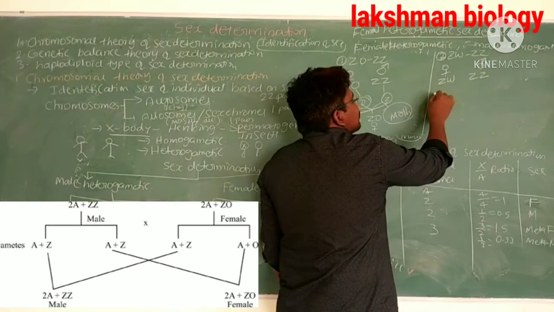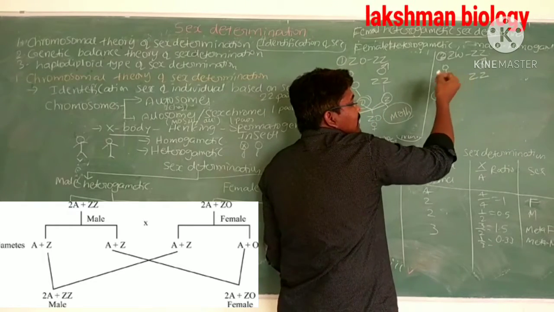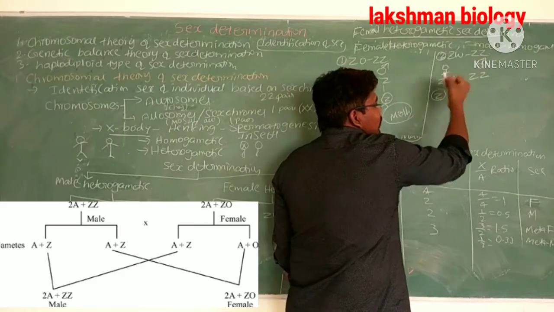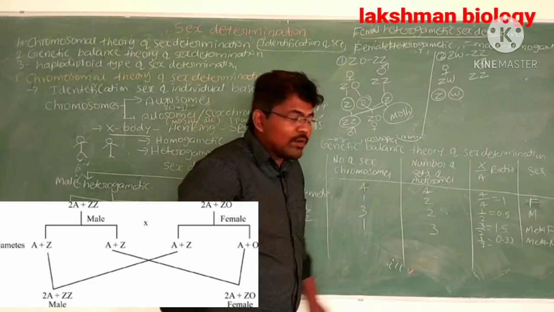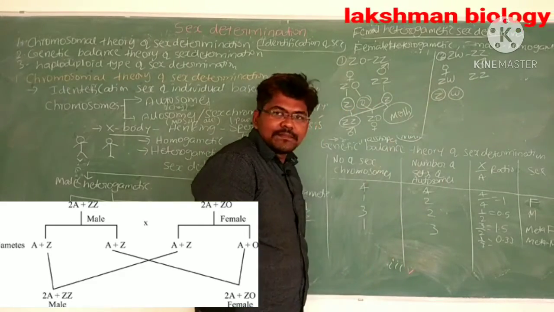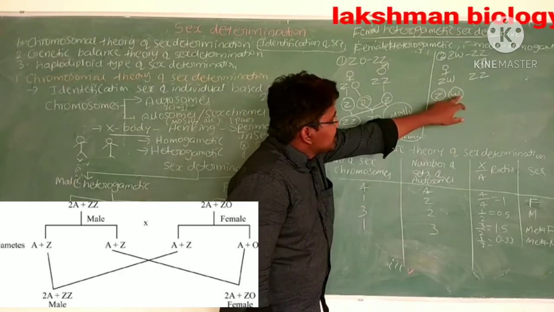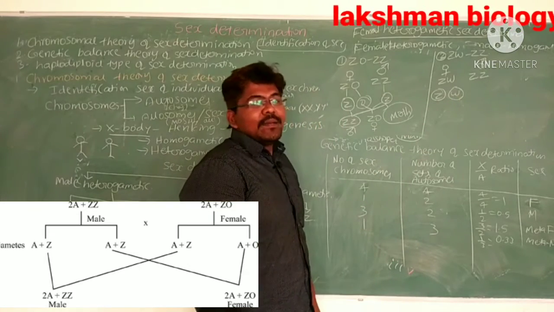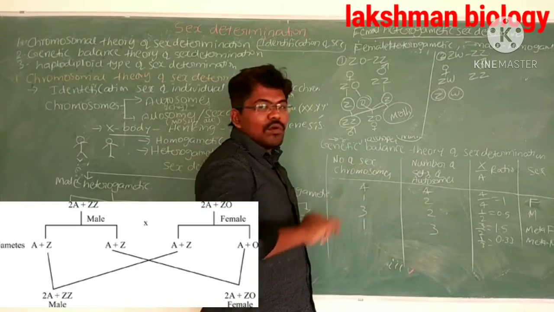The female produces two types of ovums: 50% of ovums with Z chromosome, and another 50% of ovums with the W chromosome.